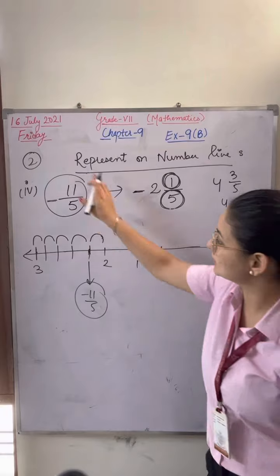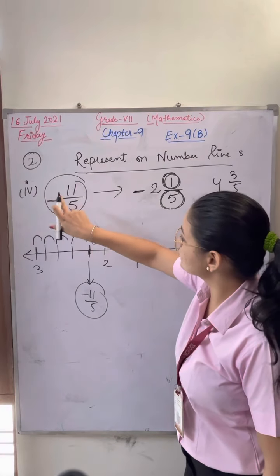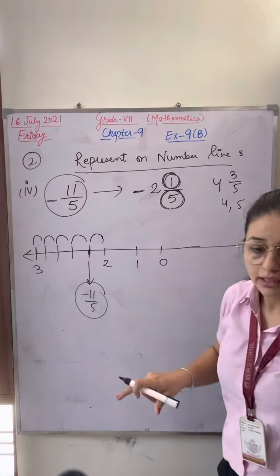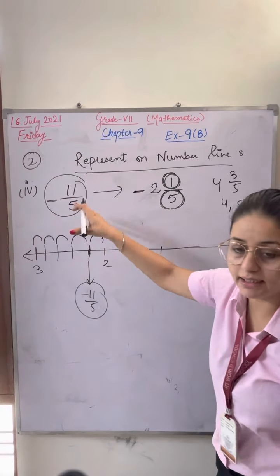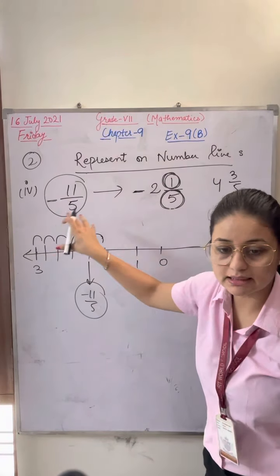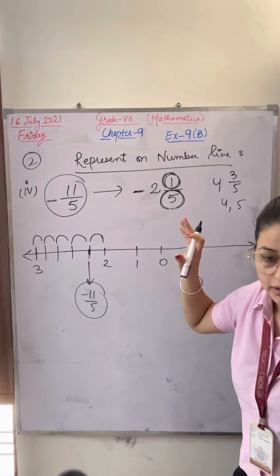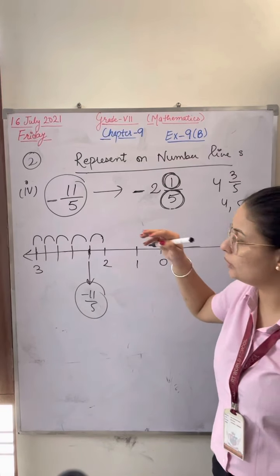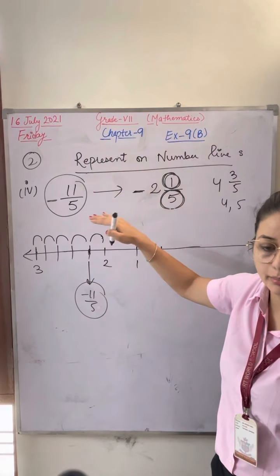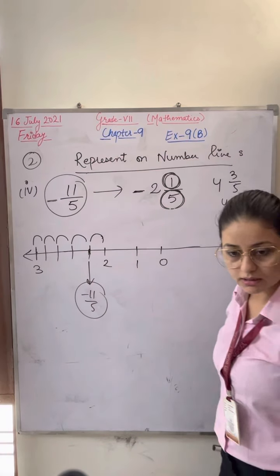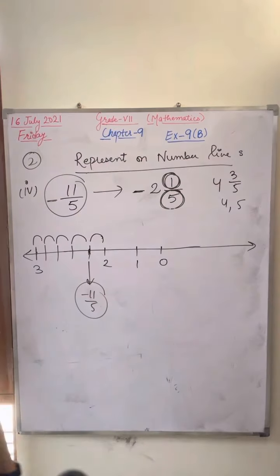If the minus sign is here or here, that means your fraction is negative. Your rational number is a negative rational number. It is given in any place, maybe in the numerator or denominator. Understood by everyone?